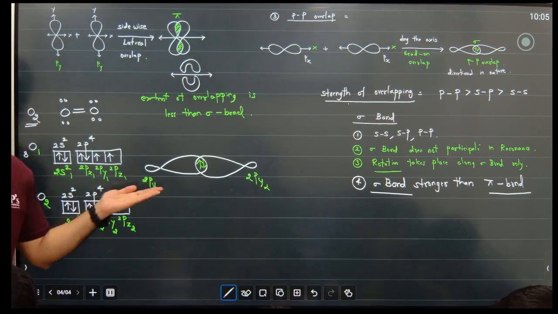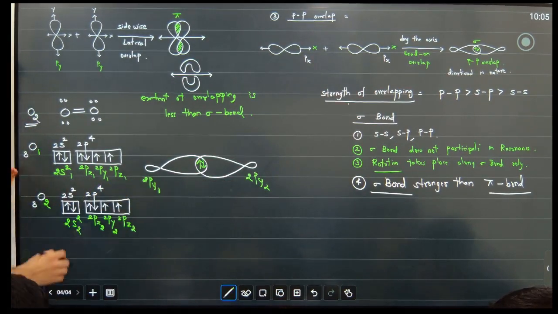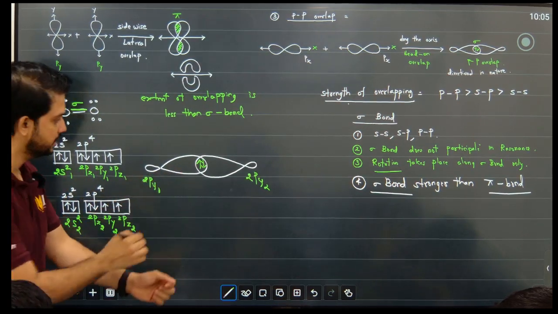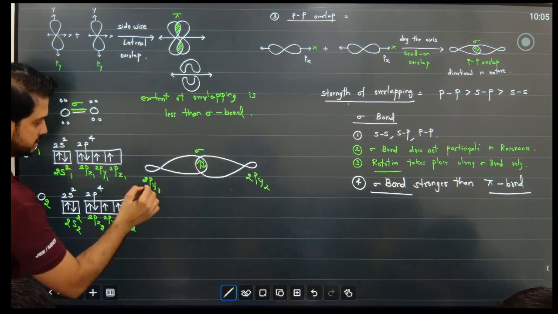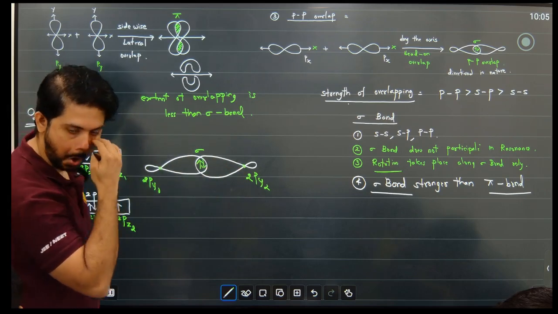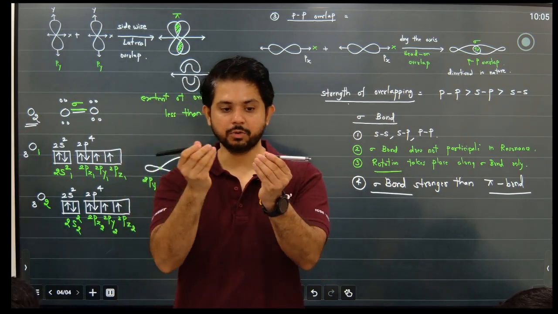So they have made the first bond. ये जो ऊपर का सिग्मा बॉन्ड है वो ये है. This is the first oxygen का nuclei, this is the second oxygen का nuclei. So दोनों के बीच में, that's the first bond.